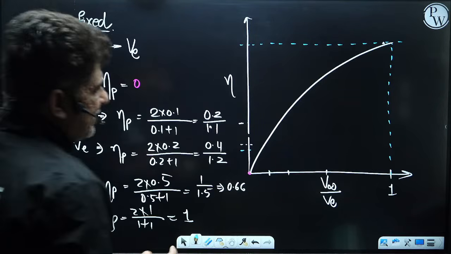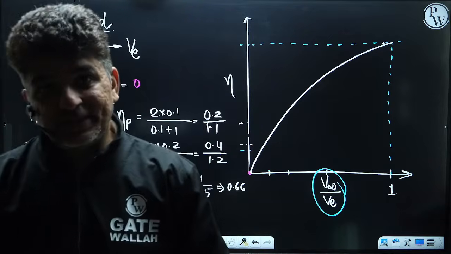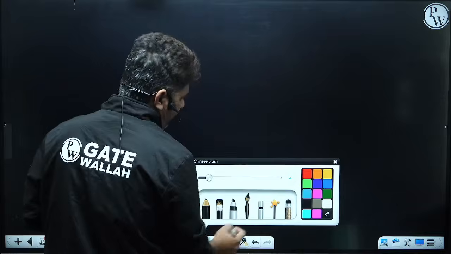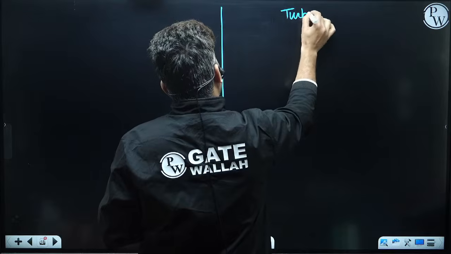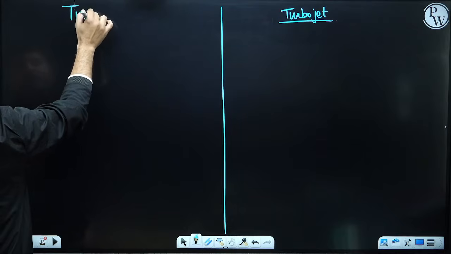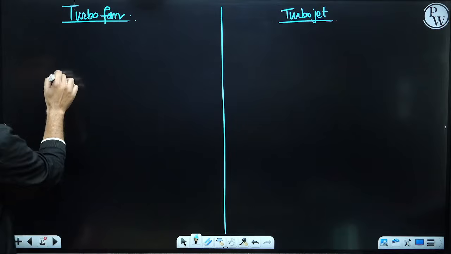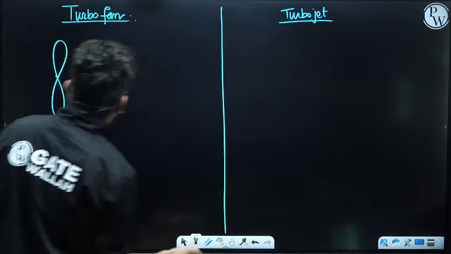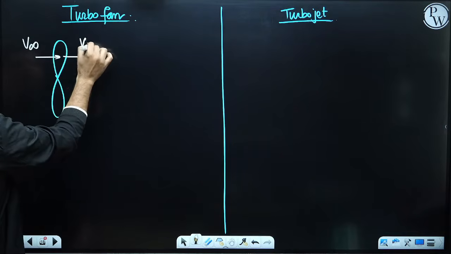So the higher the matching between V infinity and V exit, the higher will be the efficiency. Now we will discuss the two cases of turbojet engine, and we will discuss the case of turbofan. In a turbofan engine, the air which is coming in enters with V infinity and exits with V exit.